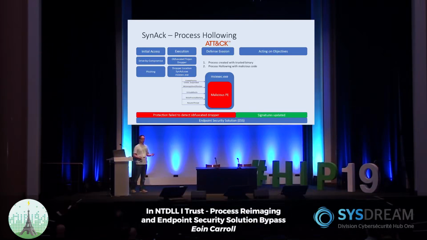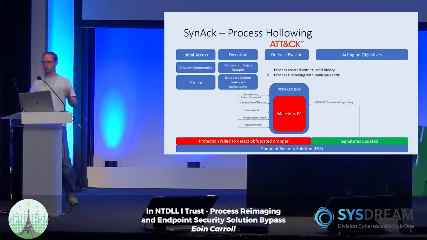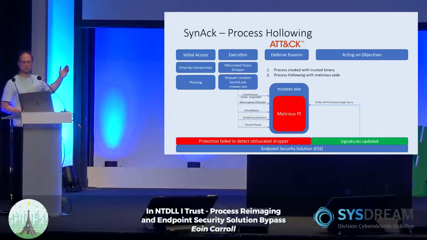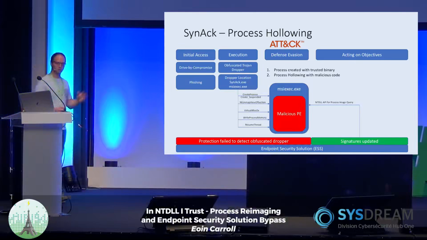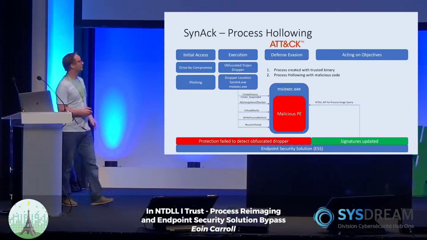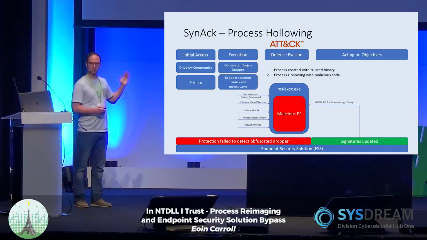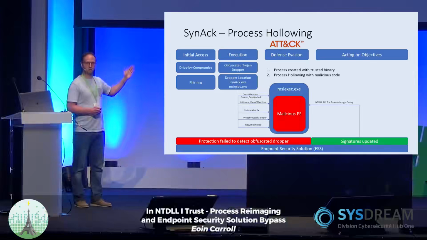Signatures get updated, but once the process is executing, it's reliant on its operating system to tell it information or attributes about that process. And so this is where process reimaging comes in and why these APIs are important, because you now have 4 APIs, which we'll look at in a moment, which the endpoint security solution depends on to give it information about the running process.